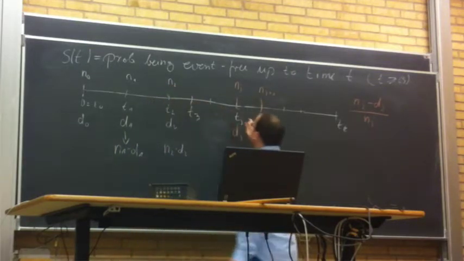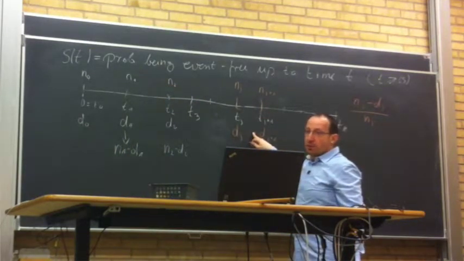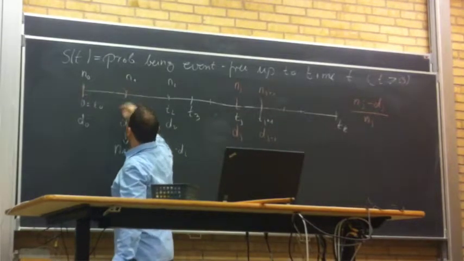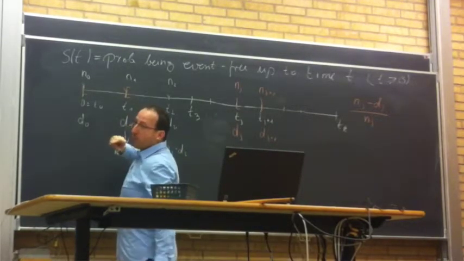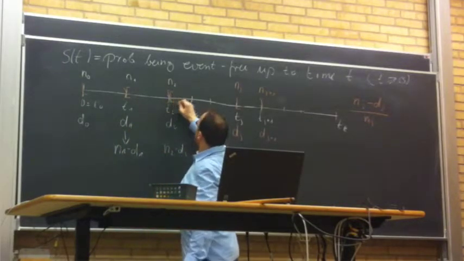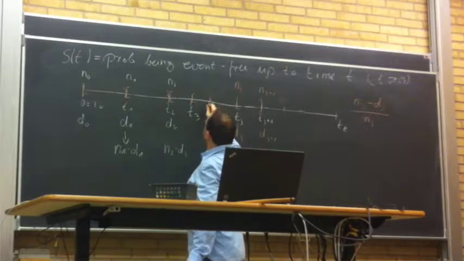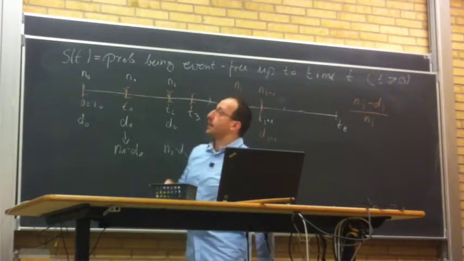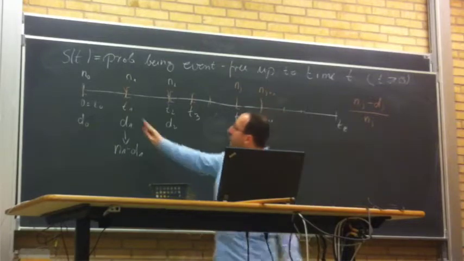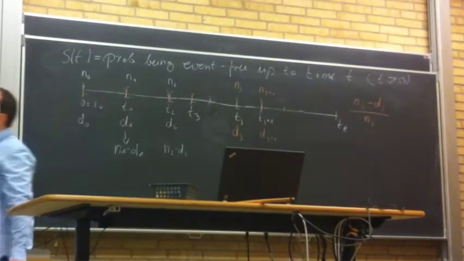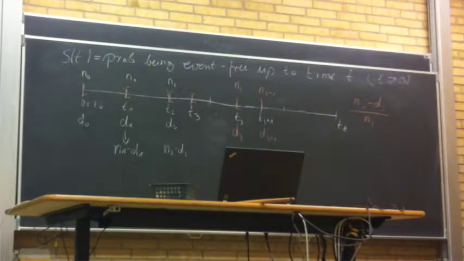And this can be done for each interval. So you can calculate the conditional survival probability for this time interval, for this time interval, for this time interval, and so on. And if you calculate each conditional survival probability for each time interval, and apply the so-called product formula, you get the Kaplan-Meier estimator for the survival probability.